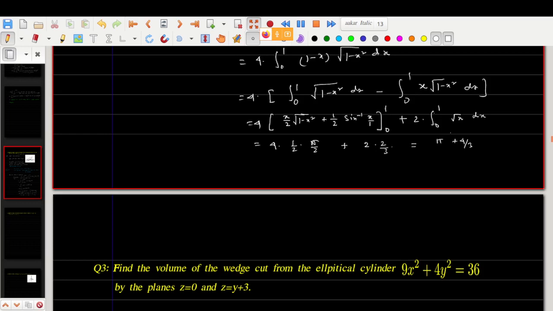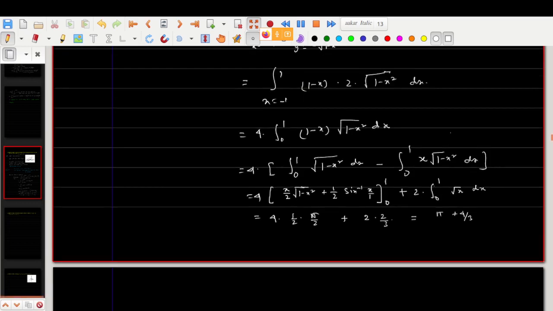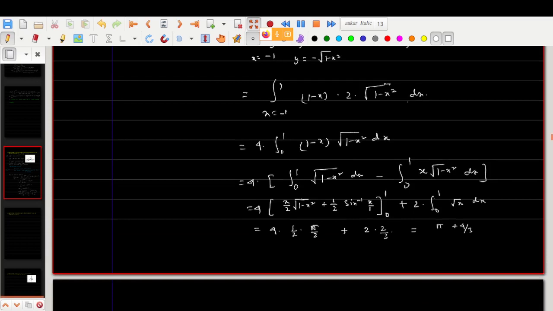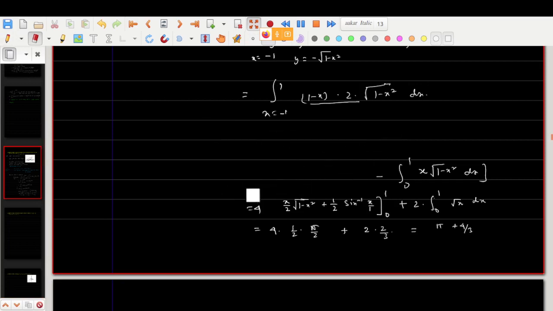I think I have made some mistake, if I am not wrong. Yeah, here you cannot change. Here the variable that I have changed, this quantity is not an even function. This is an odd function, so you should tell me at least. So this step is not correct.